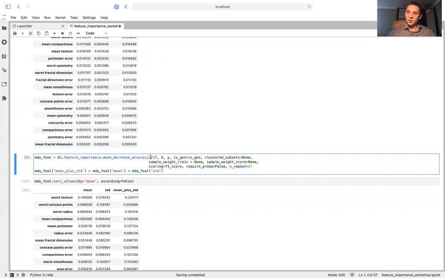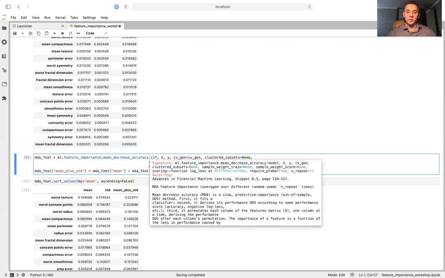So MDA feature importance is an out-of-sample feature importance function, and it takes several inputs such as your model, your X, your Y, your cross-validation scheme, which is k-fold cross-validation, and your cluster subsets if you would like to use clustered feature importance.